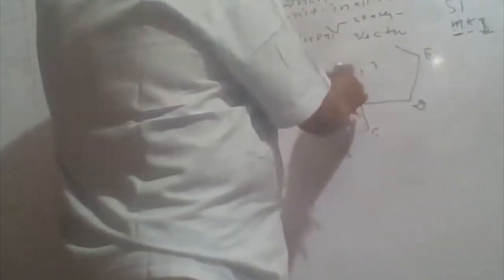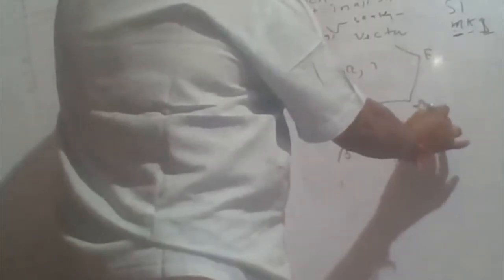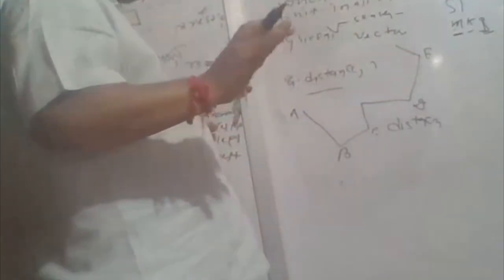He has magnitude, some speed, but there is no direction. So distance is always a scalar quantity. Again I am repeating, a scalar quantity has magnitude, but there is no direction at all.